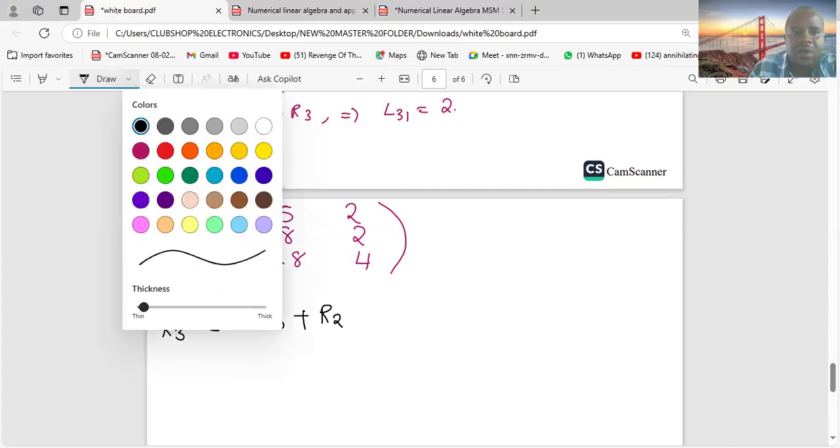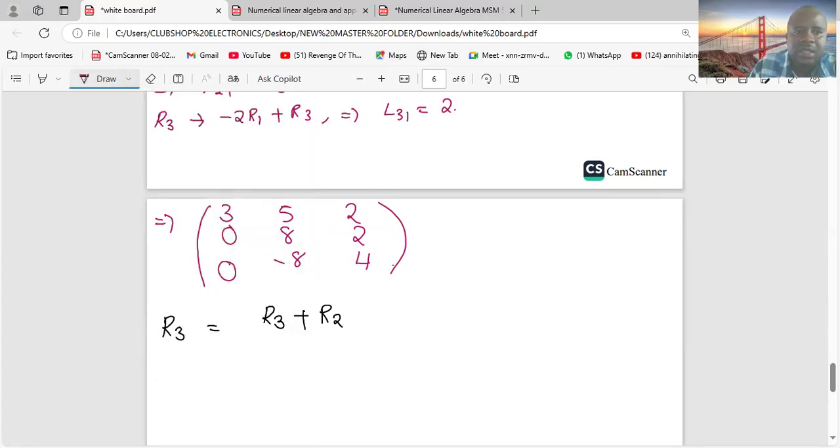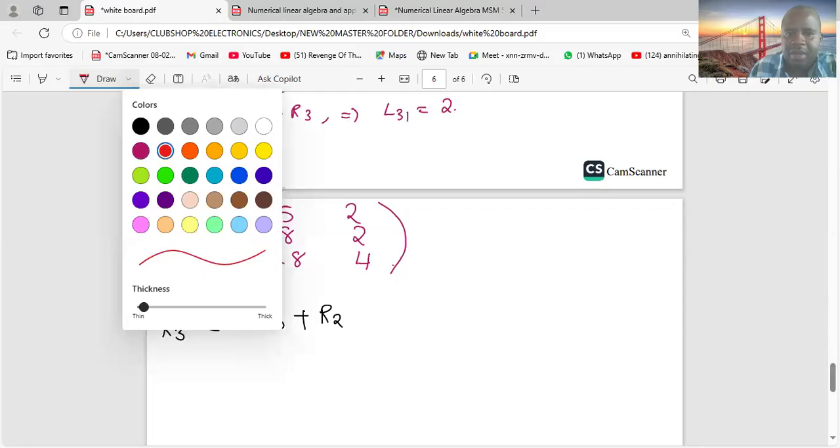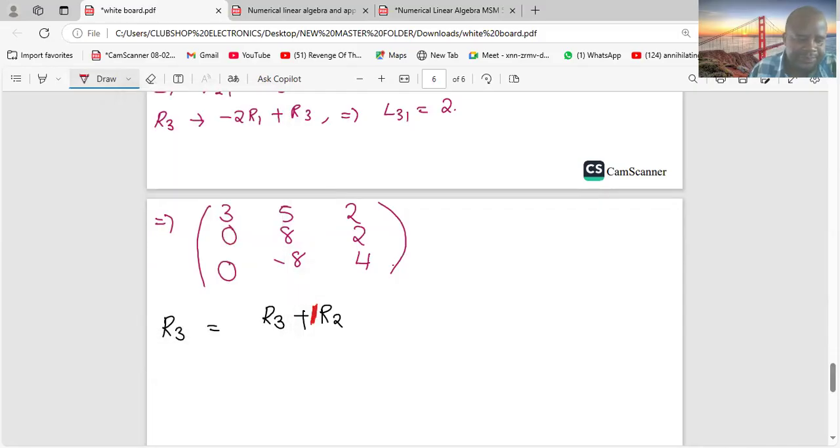Okay. If you want, you're multiplying by 1, in case you can't see. So the scalar here is positive 1, implying that A32 at this position should be negative 1, the opposite.